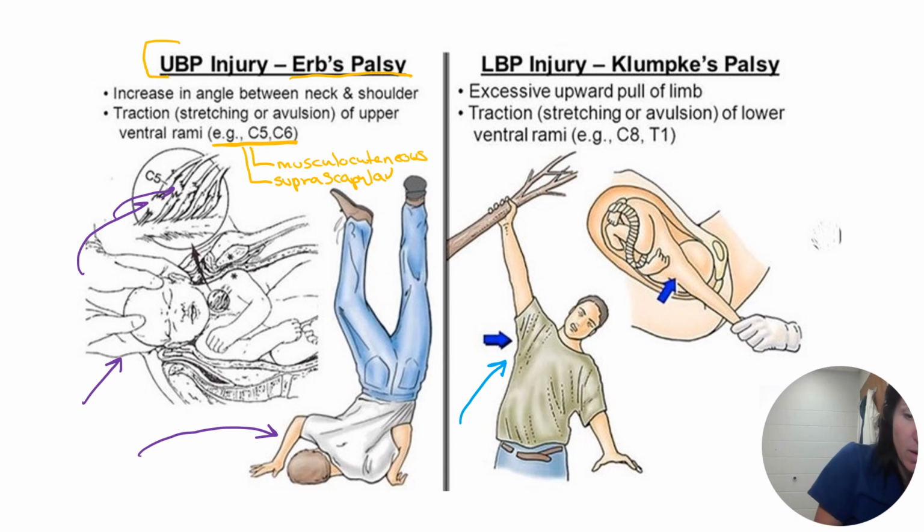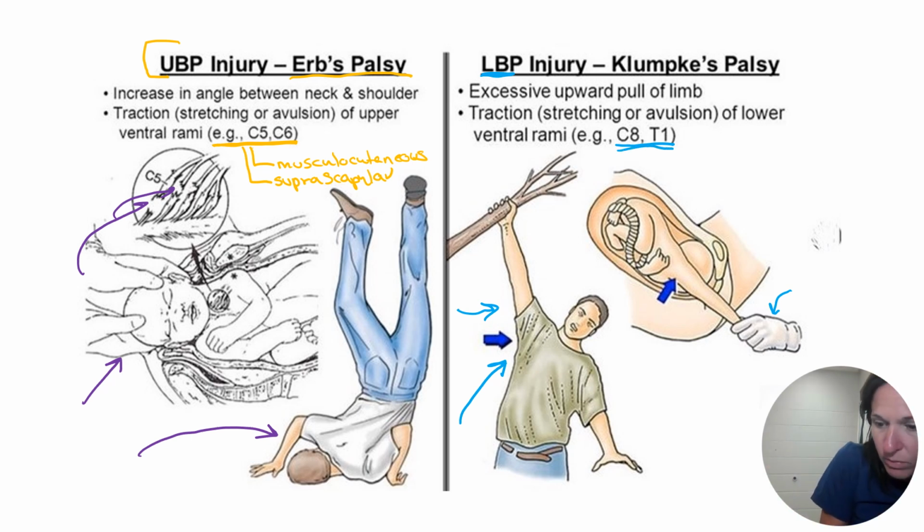Okay, so we're talking about lower brachial plexus injury. So if somebody is falling, out of a tree or whatever the case may be, and they reach up to try to stop their fall, there's going to be this big jerk that can damage the lower ventral rami, so C8, T1. Another way is excessive pulling on the extremity, again, during delivery.